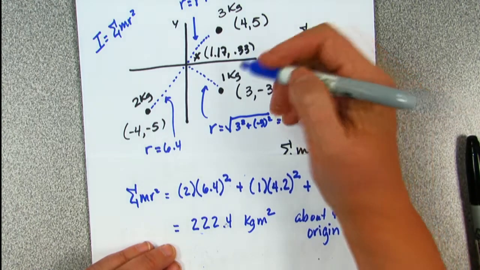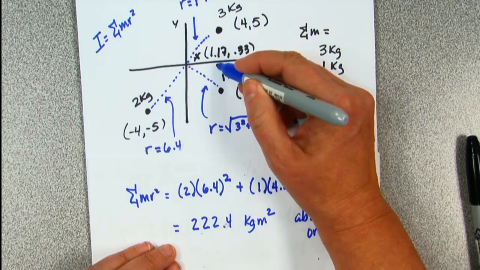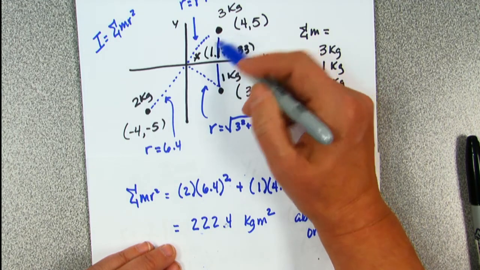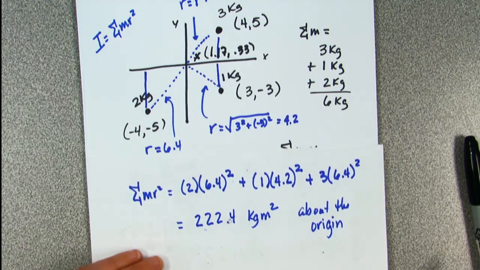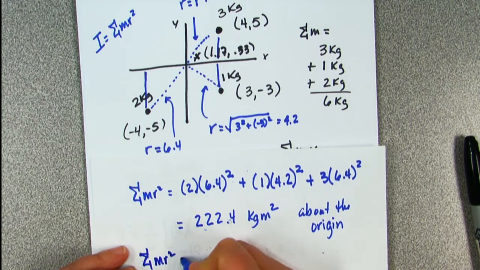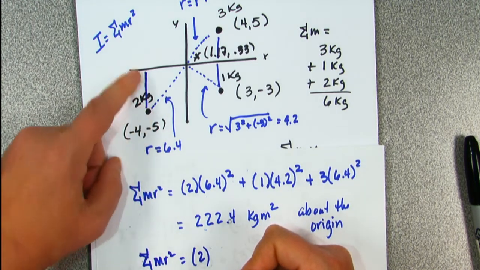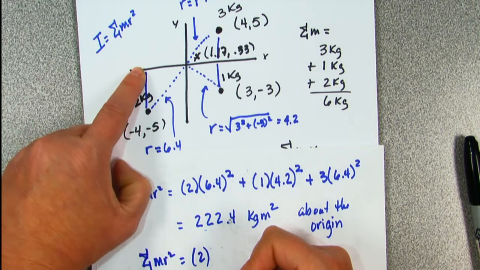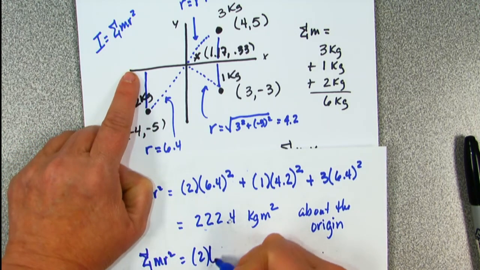Okay, now if I want to do it about the x-axis, I want the r to the x. So if I'm going to do it about the x-axis, it's going to be mr squared. It's going to be 2, but I'm using how far away it is from the x-axis, and this one is minus 5 squared.